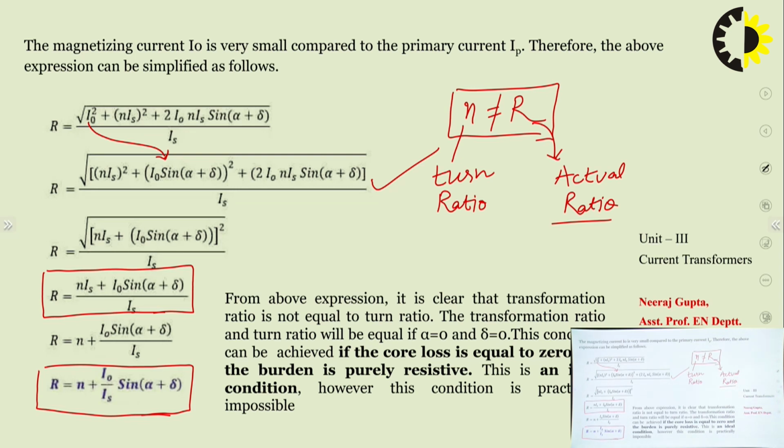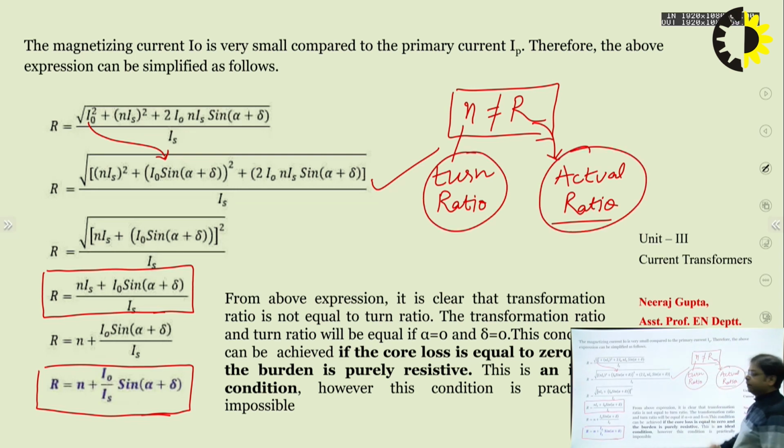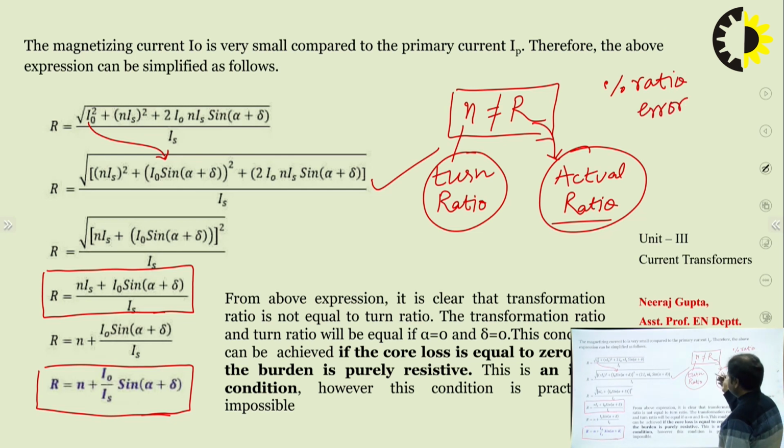The difference between these two gives us the error that we call the ratio error, and the percentage ratio error is represented as, hopefully it will be calculated in the next slide, KN minus R upon R into 100.